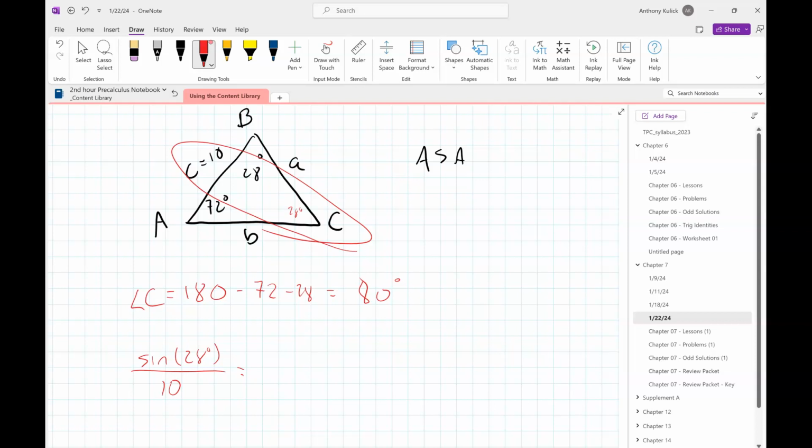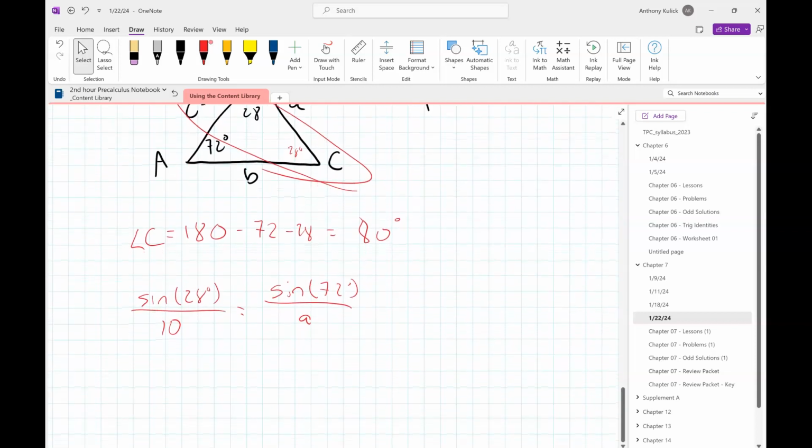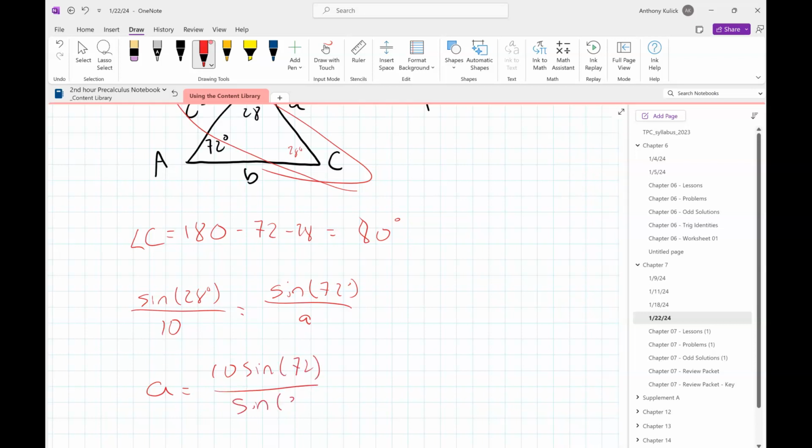The order in which you solve for sides never matters. So which side would we like, A or B? Let's do alphabetical order. That's a reason. Cross multiply and divide.